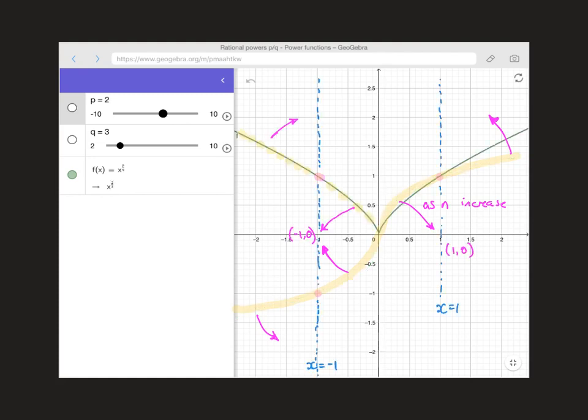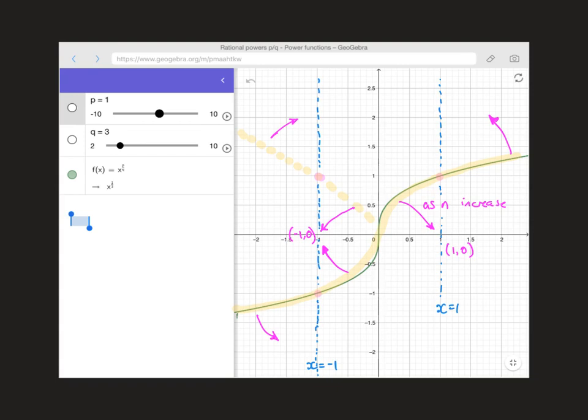In both cases, on the left-hand side, as the numerator gets larger, let me bring it back down small again. There's our 1/3. Let's look at the negative values of x and watch what happens to the shape of the graph as the numerator gets bigger.